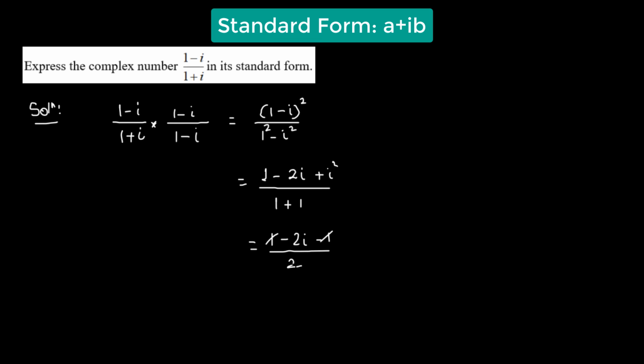So 1 and negative 1 cancel out, leaving us with negative 2i over 2, which is equal to negative i. And in the standard form, we have 0 plus i times negative 1. So the a value is 0 and b value is negative 1. Let's go to the next question.